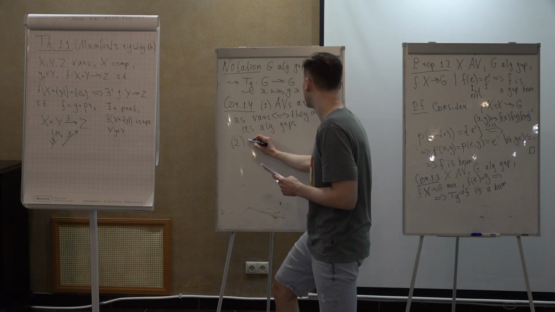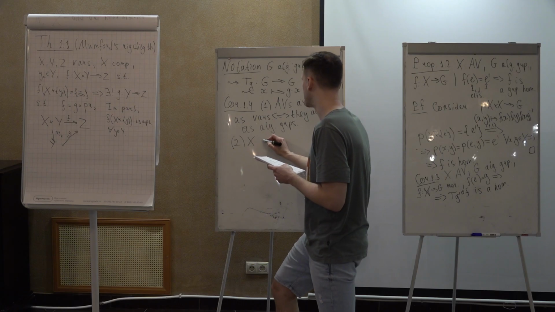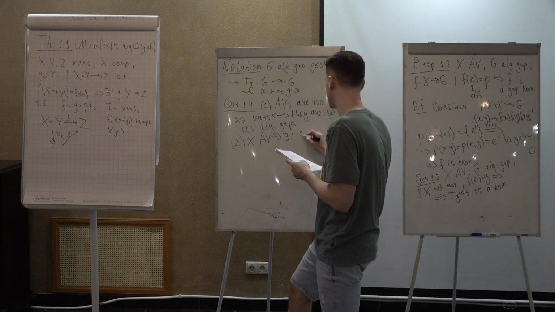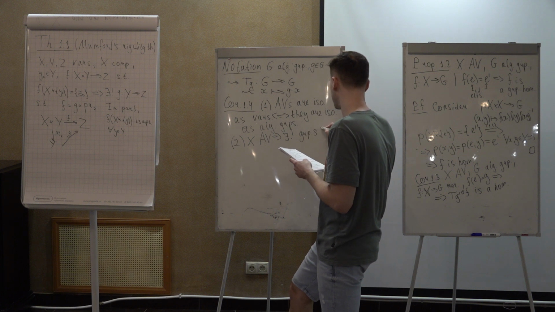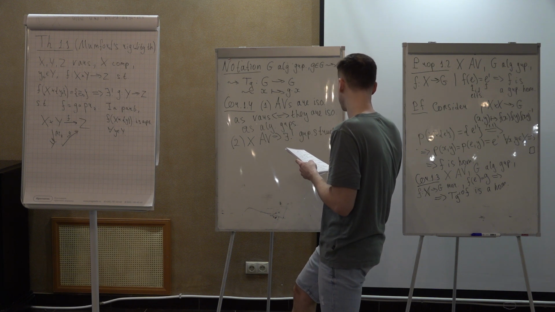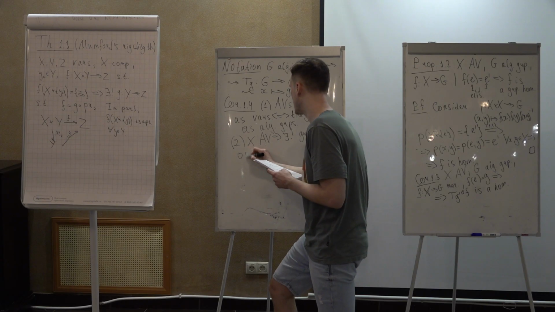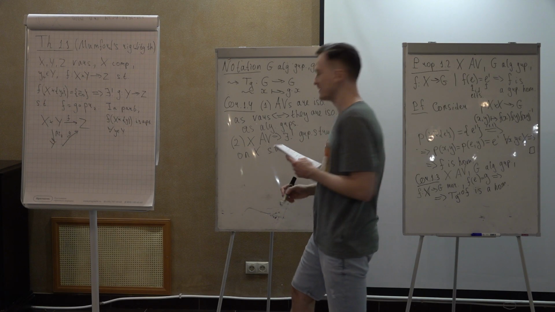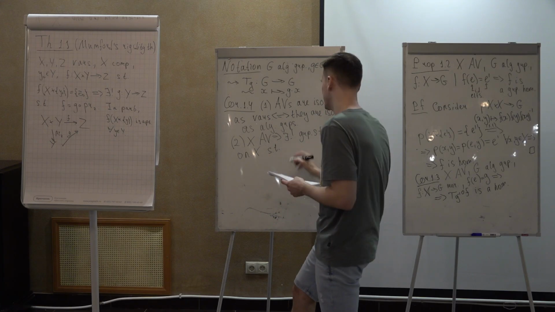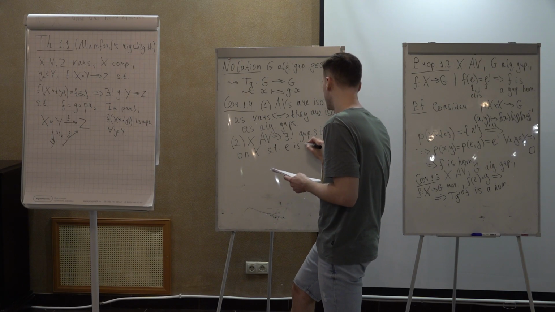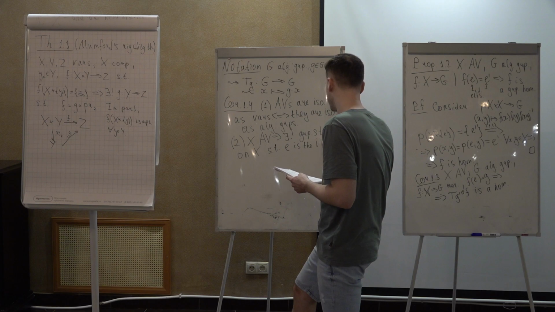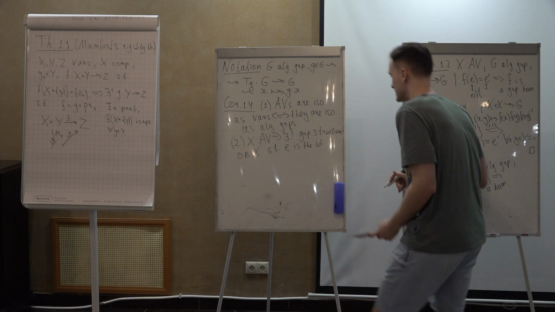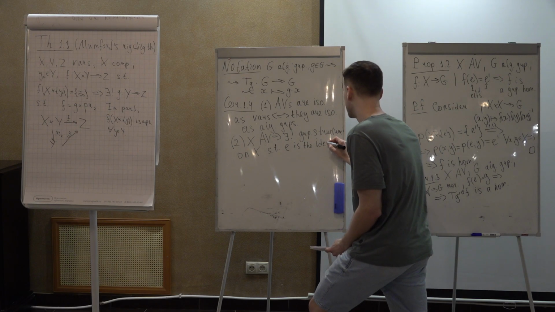So if X is an Abelian variety, then there exists a unique group structure on X such that a given point is the identity, because I can always translate this operation to make any point the identity.